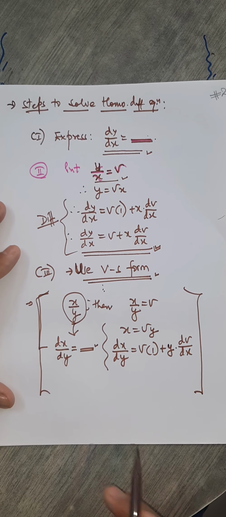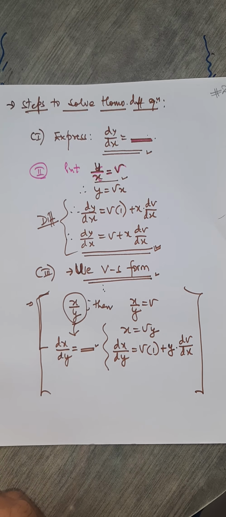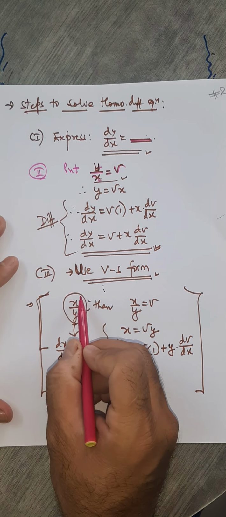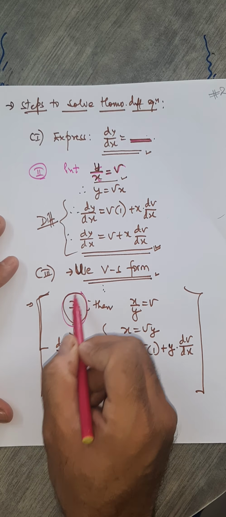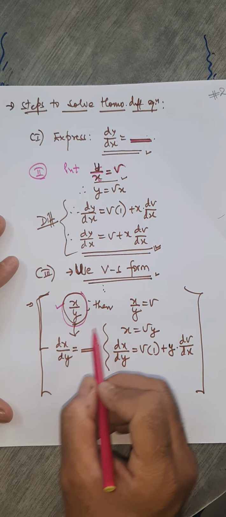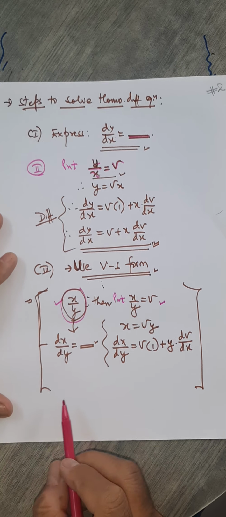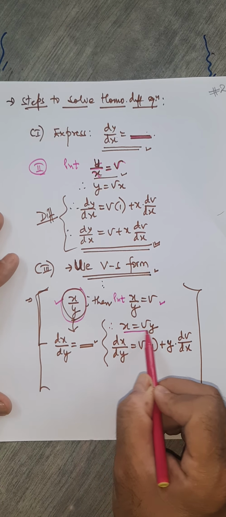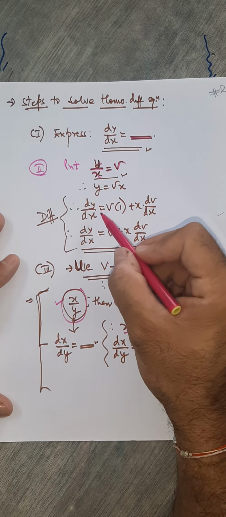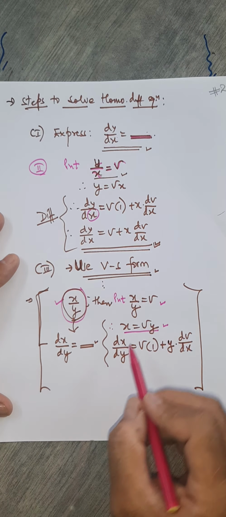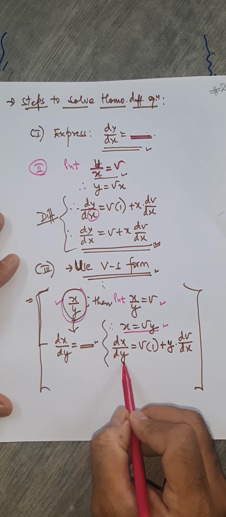And then as I told you, variable separable form. I repeat, sometimes the differential equation itself contains x by y. So in that case we put x by y equals to v substitution. Therefore x equals to vy. Earlier we were differentiating with respect to x; here we differentiate with respect to y.